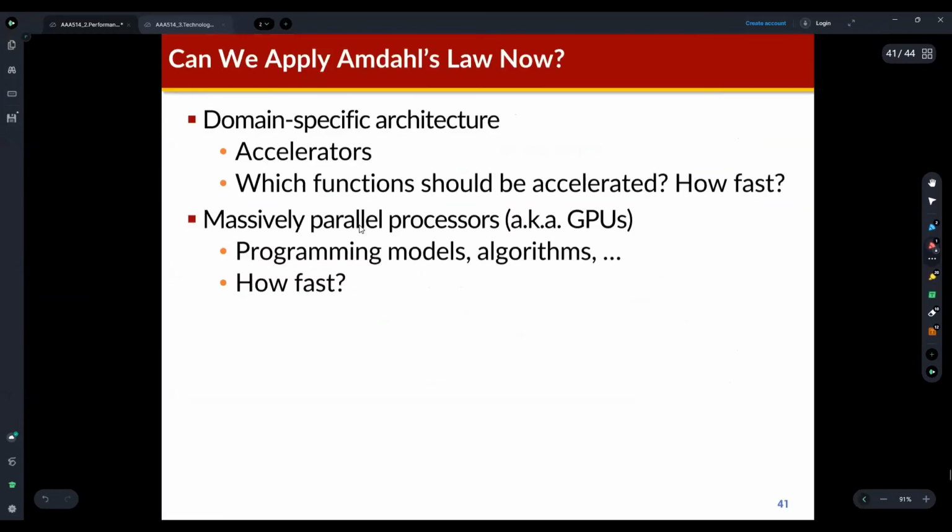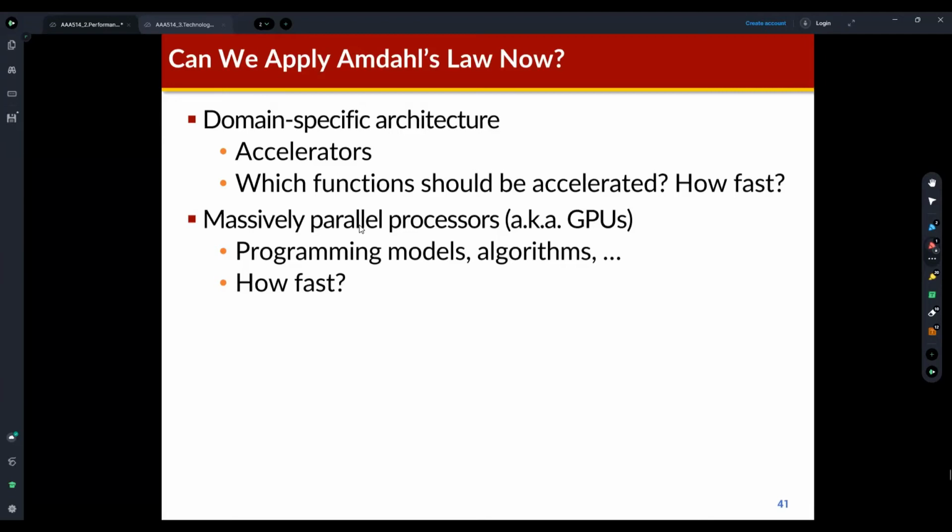Even though this paper is a very old paper, this old paper can give us some potential ideas. Amdahl's law is a very old law, and it's a very simple law, very easy.